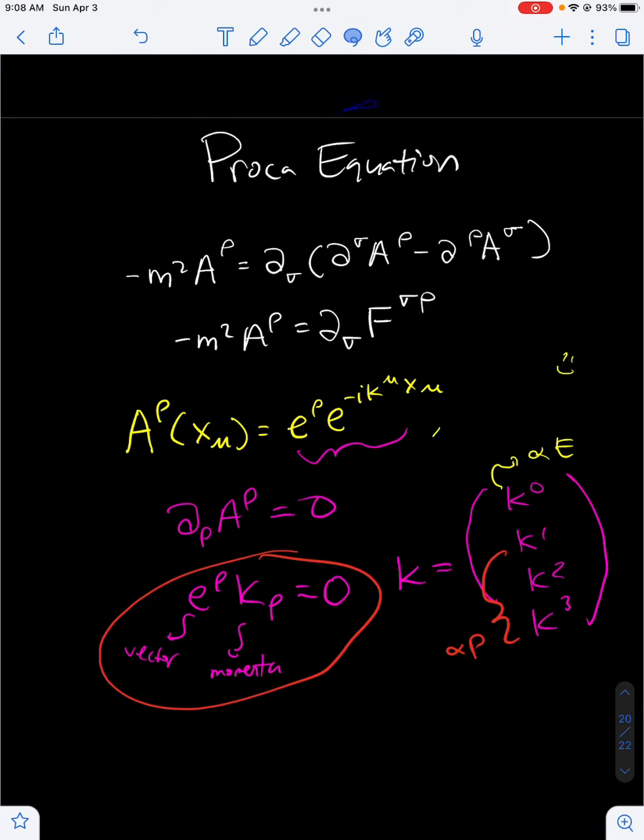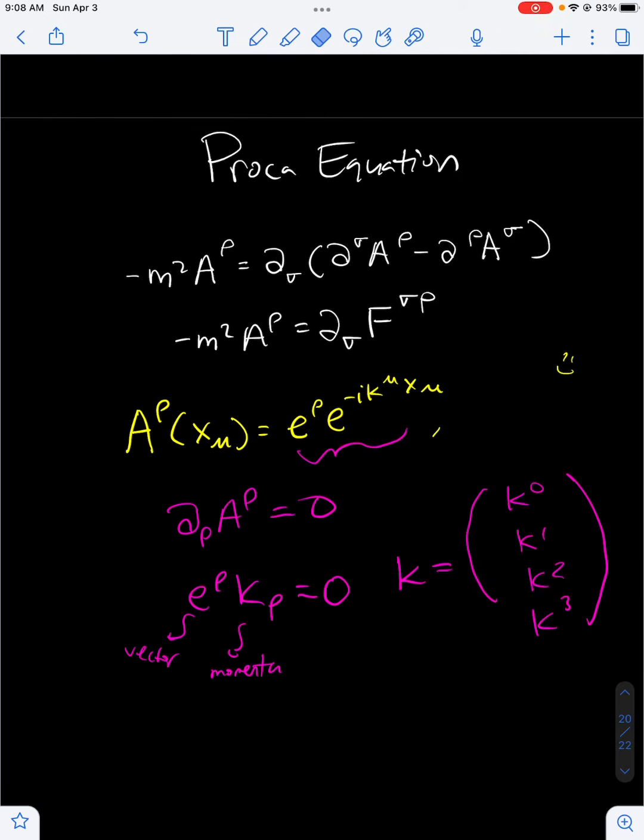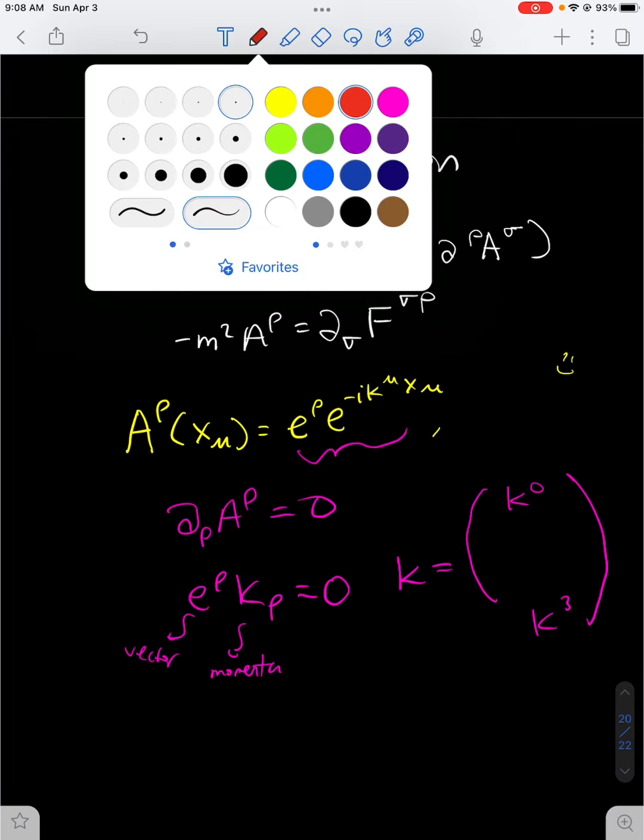So we can choose a solution where the wave is moving only in the z direction, only in the z momentum direction. That corresponds to making k1 and k2 be equal to 0.